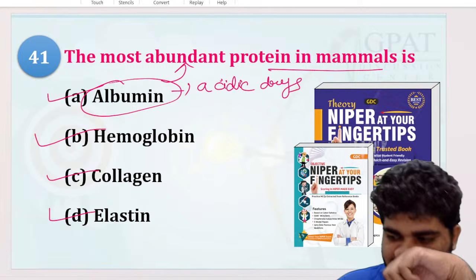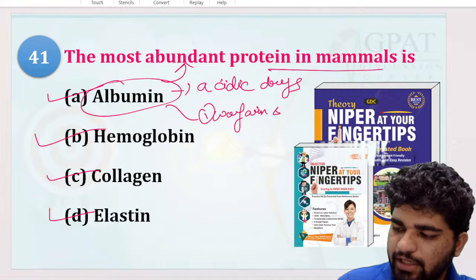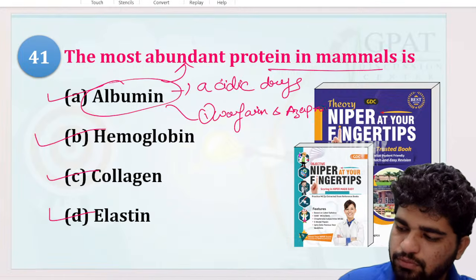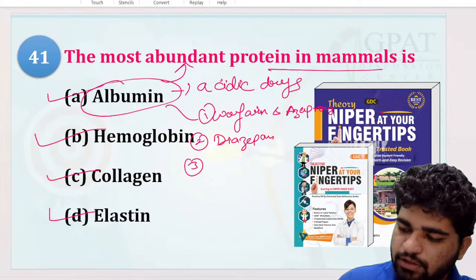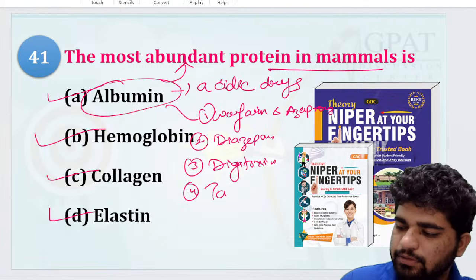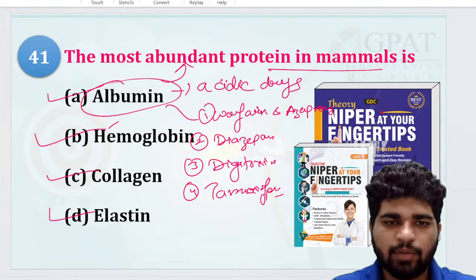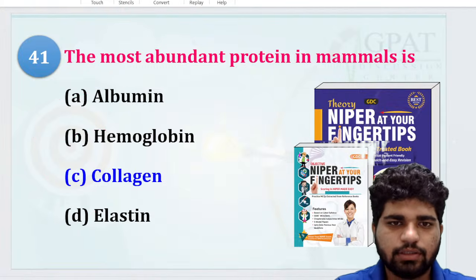It has 4 binding sites: warfarin and azapropazone, diazepam, digoxin, digitoxin, and the fourth is tamoxifen. These are the sites of albumin. Okay, albumin. Right? Very good, Dikshita.